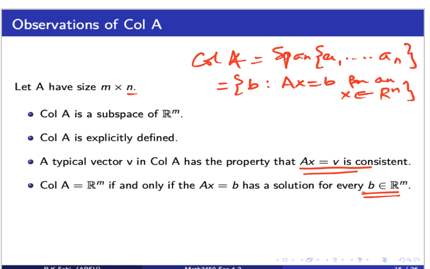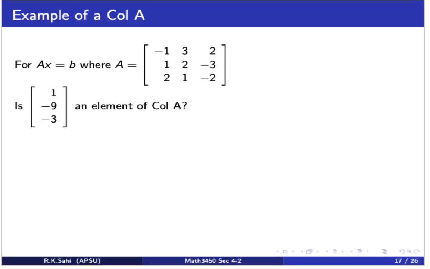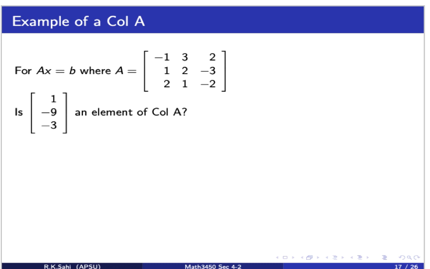Now let's go ahead and do some examples. We are given a matrix equation where A is given by this matrix, and we would like to know, is the element 1, -9, -3 an element of the column space of A?